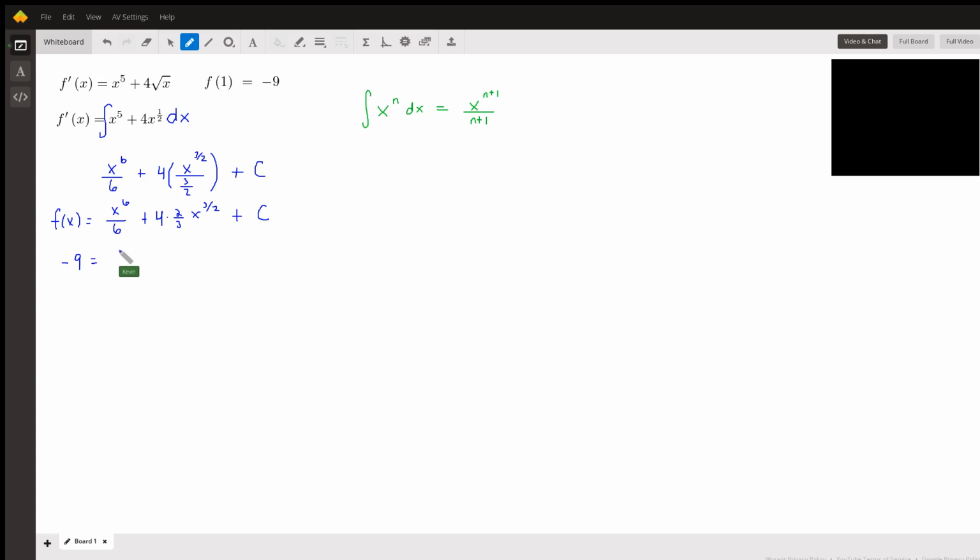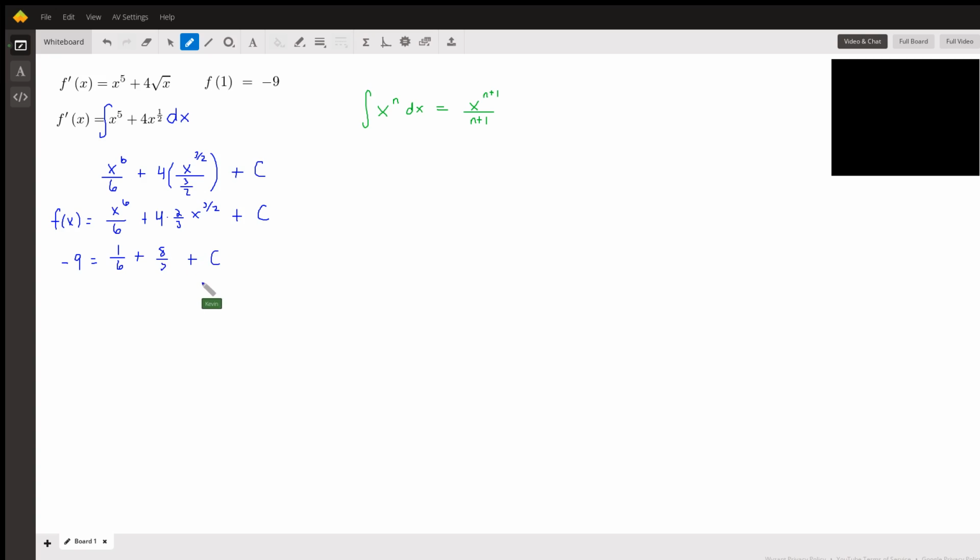So if I plug in 1 for x, I'll get 1/6 there. Plug in 1 for x, 1 to the 3/2 is still 1, so that's not going to do anything. So I really just have 4 times 2/3. 4 times 2/3 is 8/3 plus c.